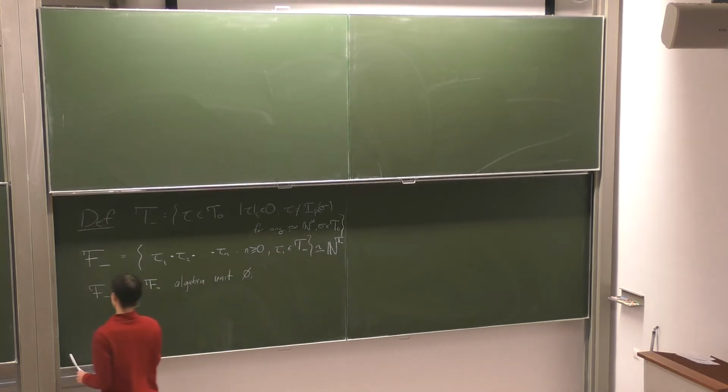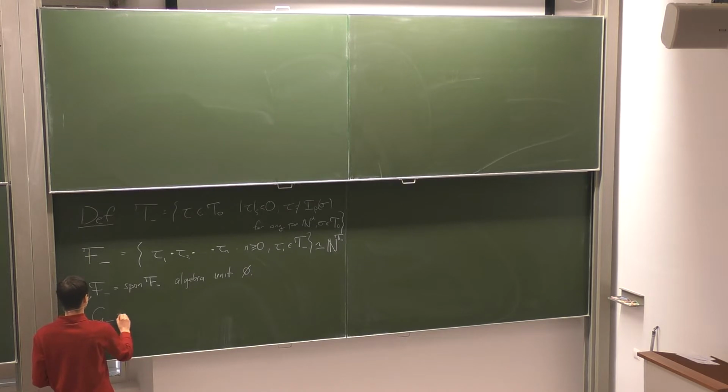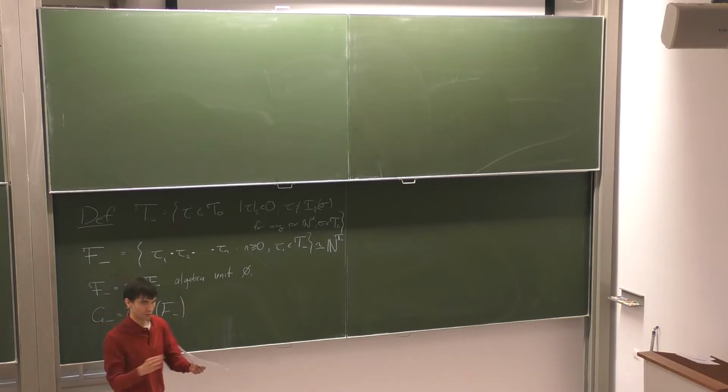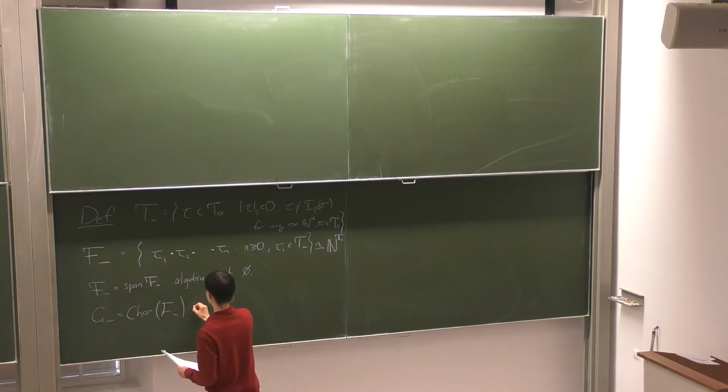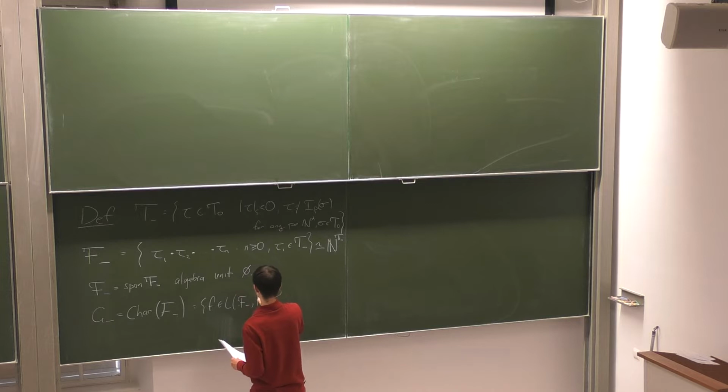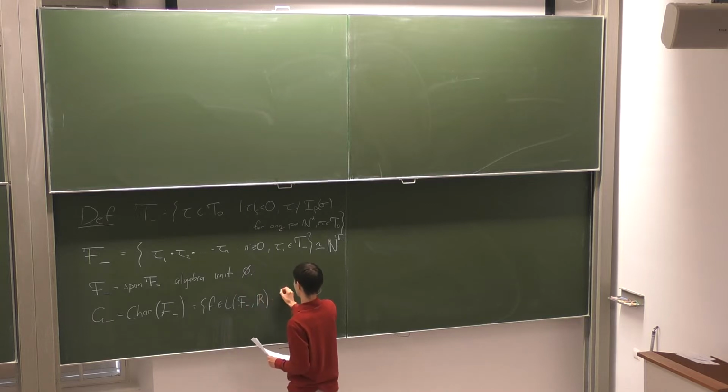And then I'm going to call G minus the character group, the character space, of F minus. So these are all functions f that map, it's linear from F minus into R, and it behaves multiplicatively.